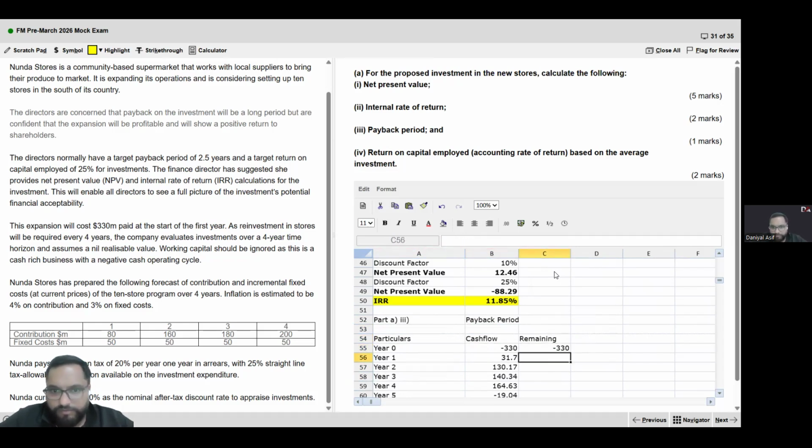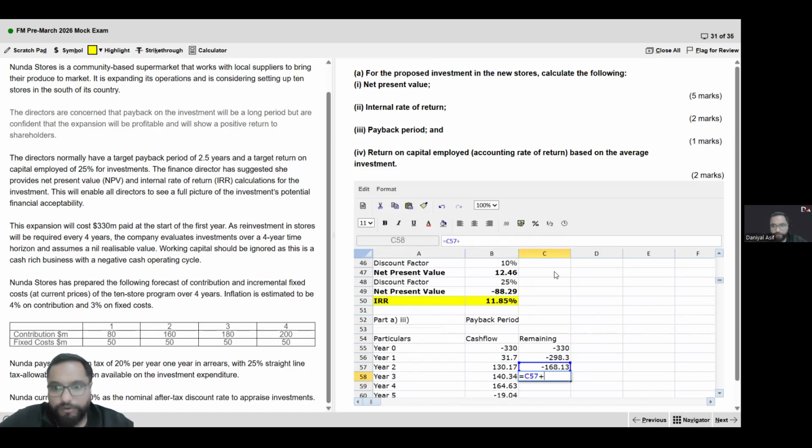Now year 1 is minus 330. After year 0, we are at minus 330. At year 1, we're going to be at this plus this, 298.3. So we haven't gotten our payback yet. Then we just add year 2. After year 2, we are at 168. So we haven't gotten our payback yet.